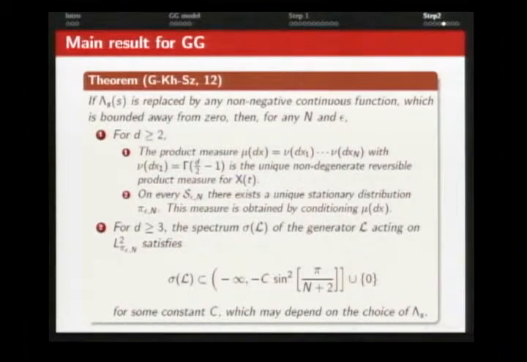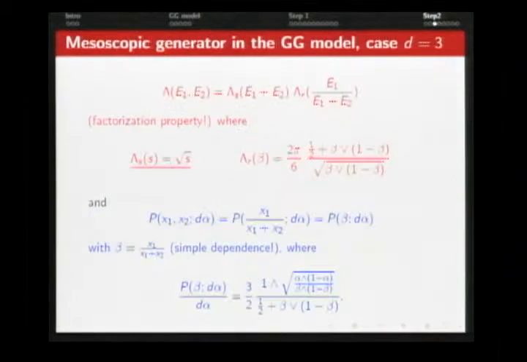However, we had a condition on this lambda, so let me go back here. This was the rate, and the rate of binary interaction had this factorization. This was the form in the Gaspar and Gilbert calculation.